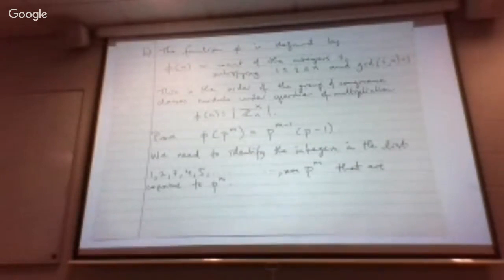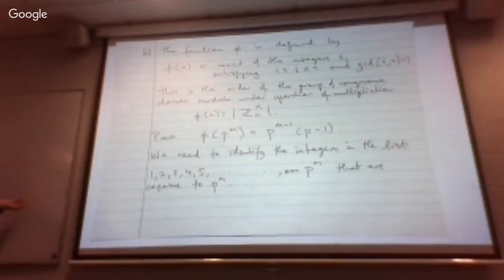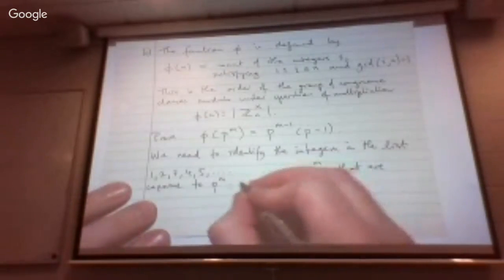Or alternatively, we can count the ones which are not co-prime. Here's all the integers. We want to count the number of ones that are co-prime. So alternatively, count the ones that aren't co-prime, and then however many is left is the answer.